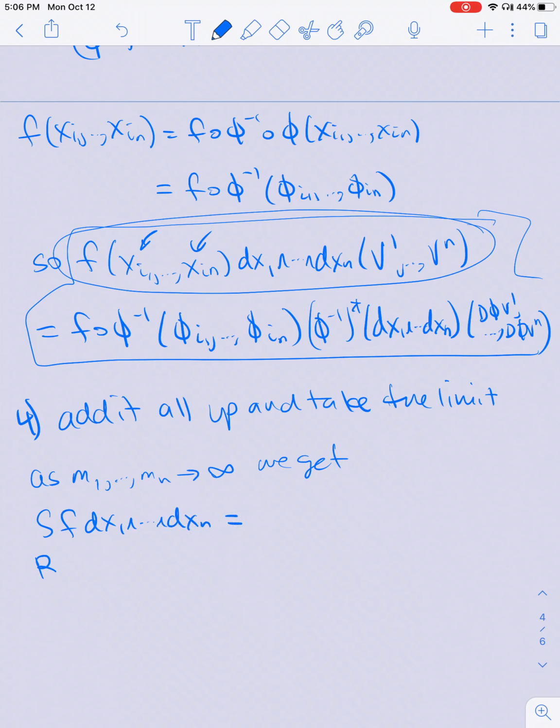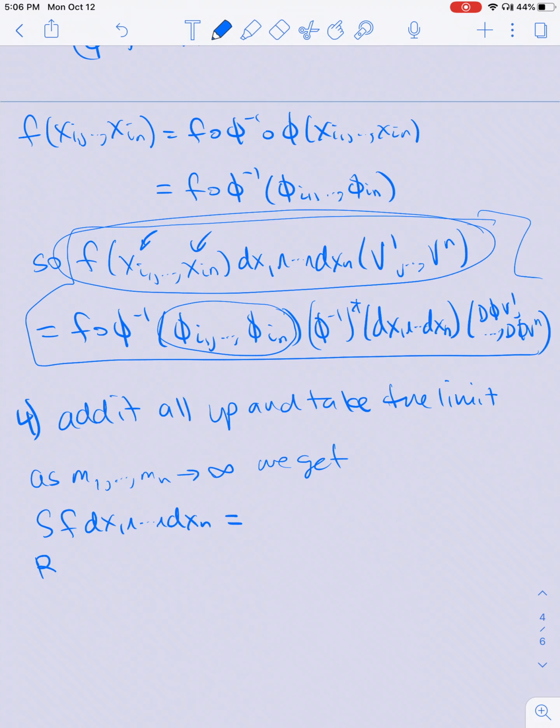And on the right-hand side, what are we really plugging in? Exactly what we would have computed using the lattice of points phi I1 through phi IN.